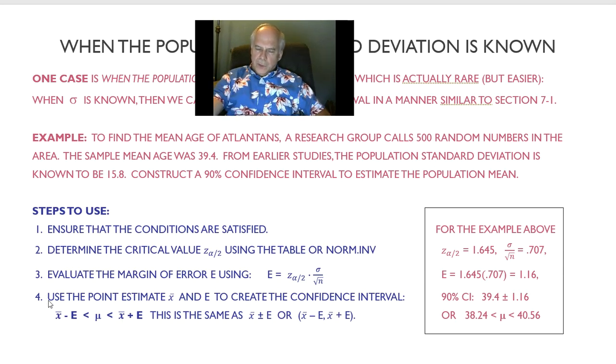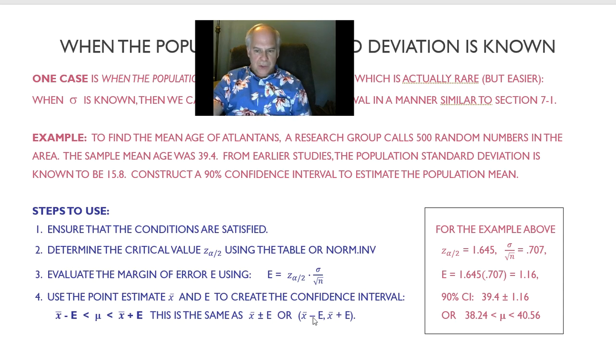So then when you have calculated the margin of error, you just do x bar, the sample mean, minus the margin of error, and x bar plus the margin of error, and that is an interval that you hope the population mean, mu, is inside, okay?